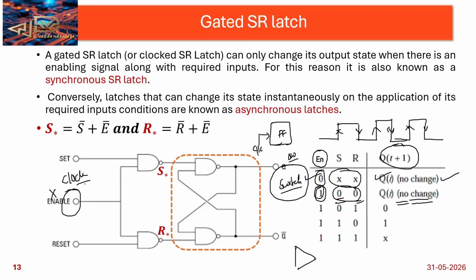If the control signal is 1, then only I get the output A. Otherwise, if we give 0, then whatever input I give, I don't get it; we get some unknown value. So based on the control signal, we are operating the input.